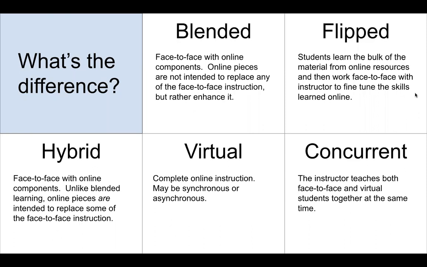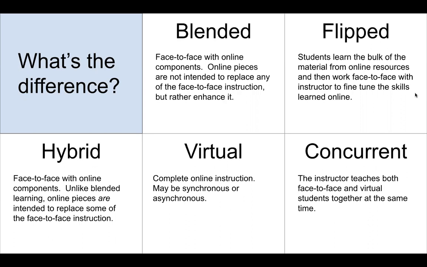So blended learning is face-to-face that has some online components. Those online pieces are not intended to replace that face-to-face instruction, but rather just enhance it. There's also flipped classrooms. Here, the students are learning the bulk of their material from those online resources.